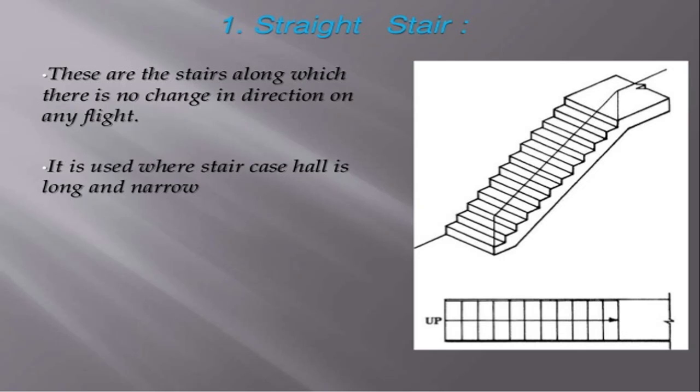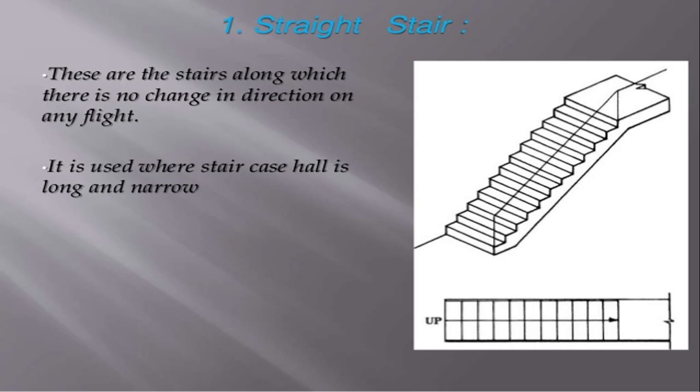As you can see in the picture itself, there is no turn in these stairs. These stairs are straight from one floor to another floor. For example, if it starts at the ground floor, it will not have any turn.